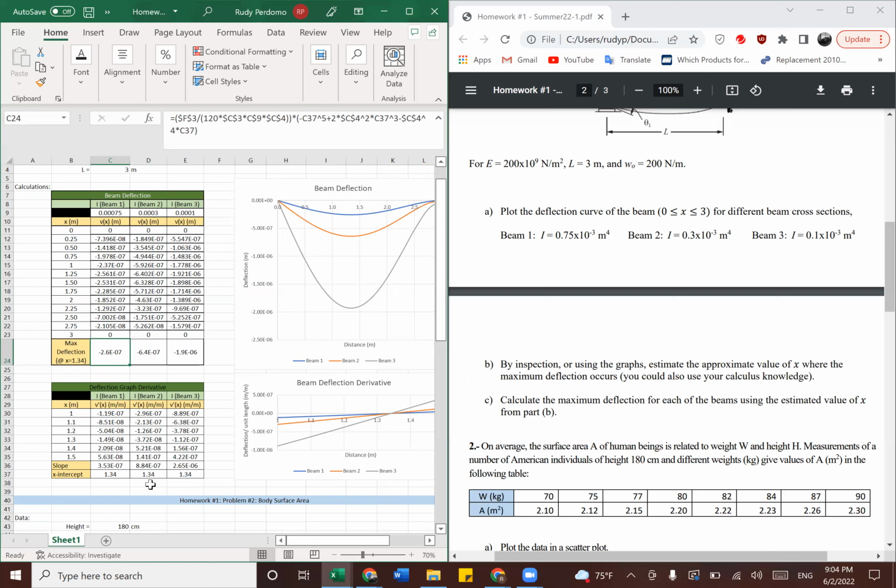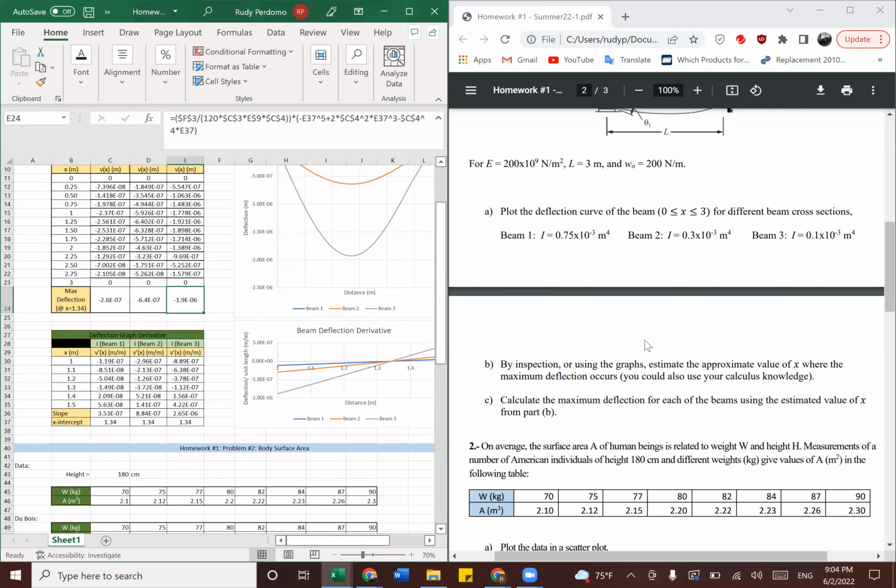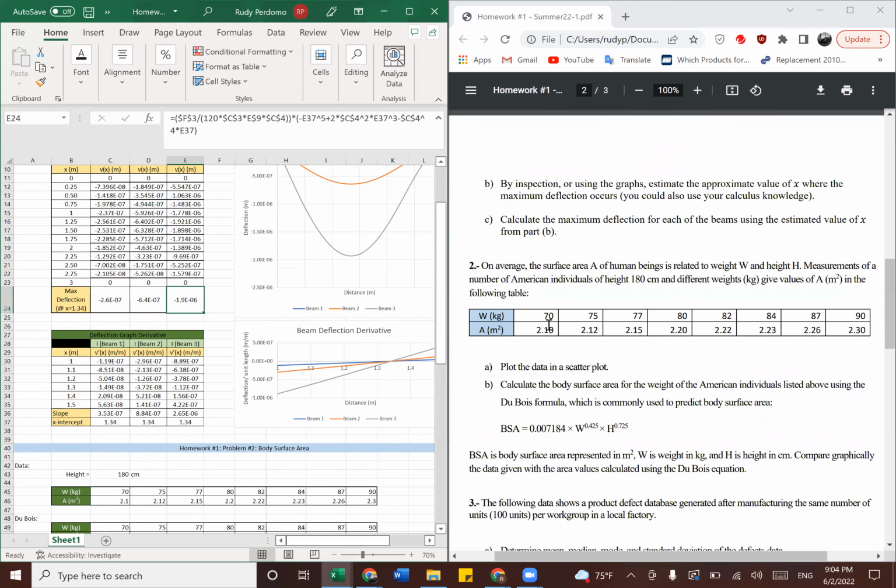So you just take, and hint, the maximum deflection occurs all at the same x, 1.34. And you just evaluate for each of the I-beams, for each of the moments of inertia at 1.34. And that's pretty much number one.